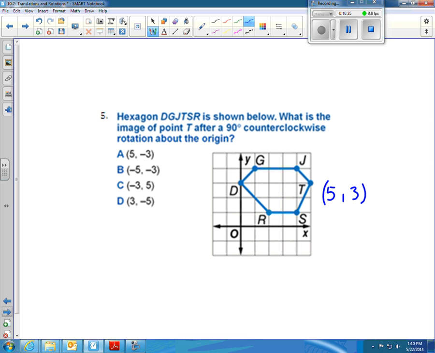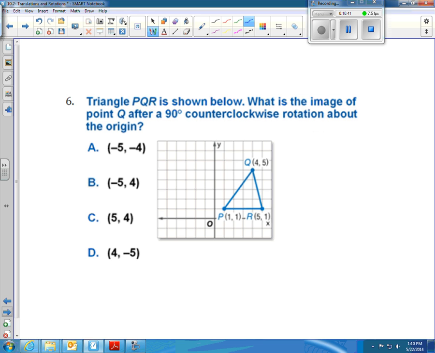So if our y is 3, it becomes -3, and we switch it with our x. Problem 6, we have a triangle. Again, we're going to take point Q and we're going to do a 90-degree rotation. So (4, 5). My 5 becomes negative and switches spots with my x.